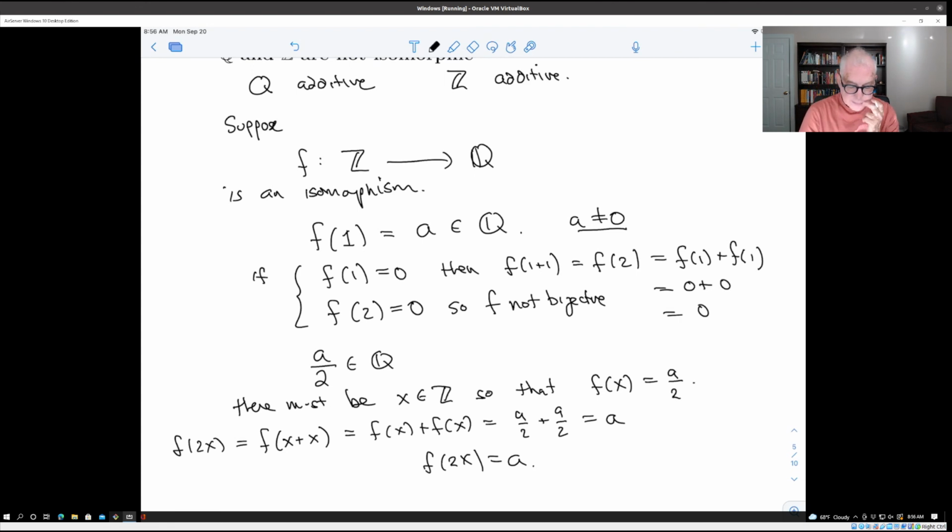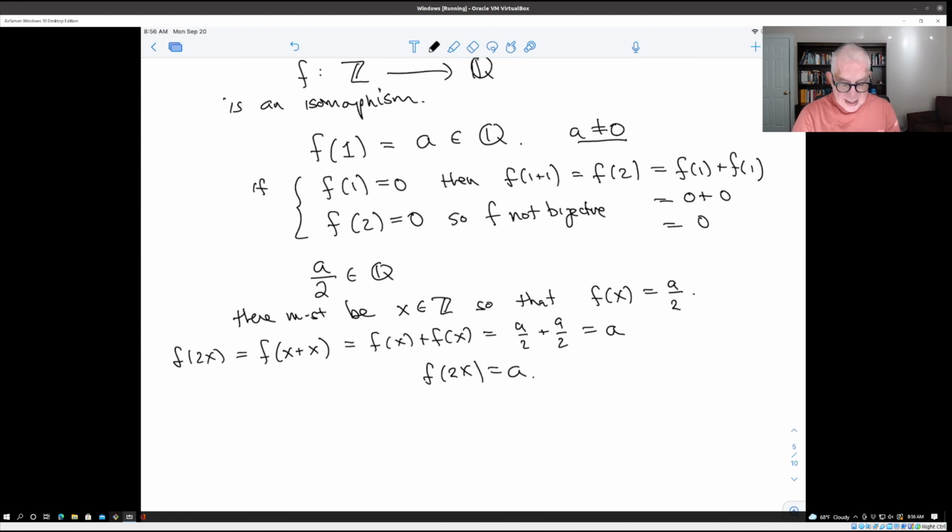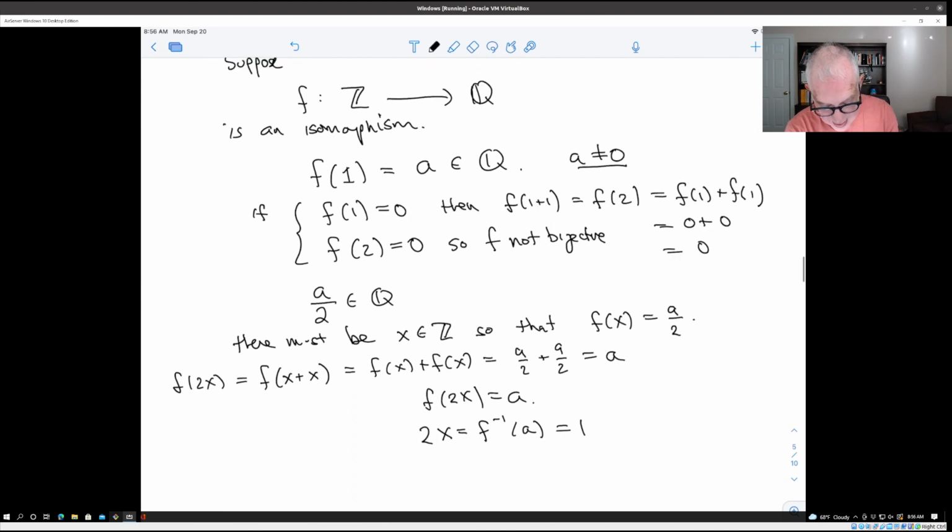Now, we can use the fact that f is bijective to apply the inverse function of f to this equation. And if we apply the inverse of f to that equation, we get the equation 2x equals f inverse of a. But f inverse of a is 1, right? f of 1 is a, so f inverse of a is 1.